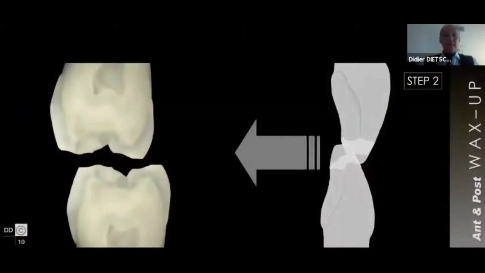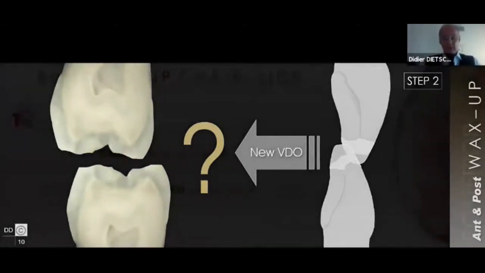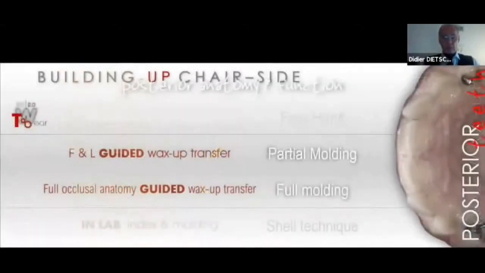So that is actually a simplification to transfer the new volume, which you have established with your wax up, into the mouth, because that has been considered very often as a difficult situation. If you're very experienced with direct restorations, with sculpting composite, you might find it relatively easy, but not everyone is doing this every day. And that's why we have developed these molding techniques.